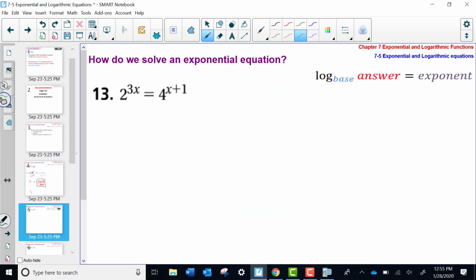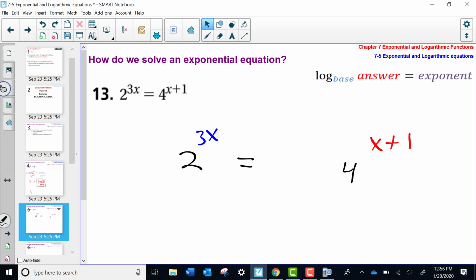Example number 13. Please copy this down. Am I going too fast? If you remember from the first example we did, our goal is, if we're solving an equation and the variable is an exponent, we have to bring the exponent down, right?